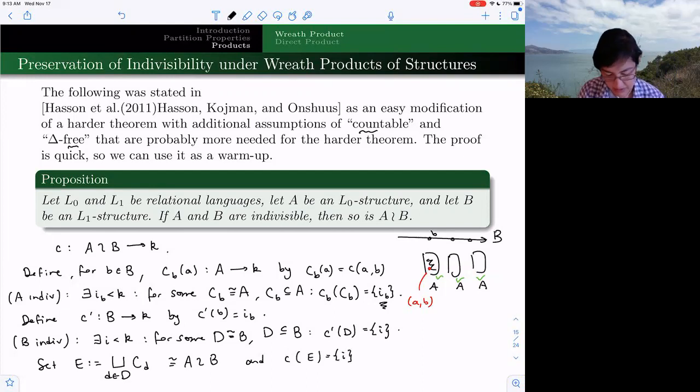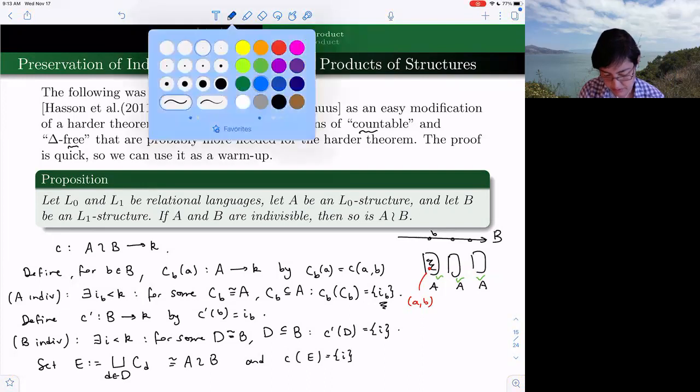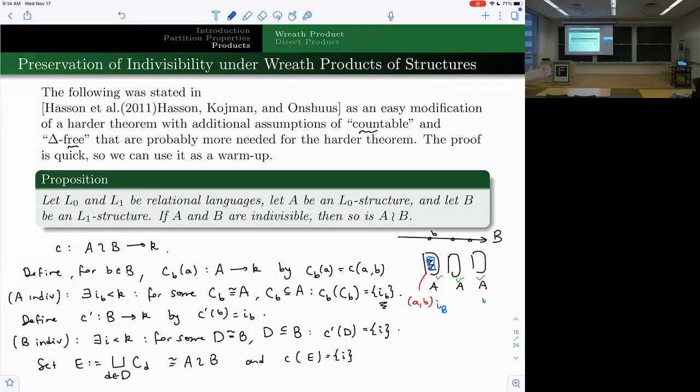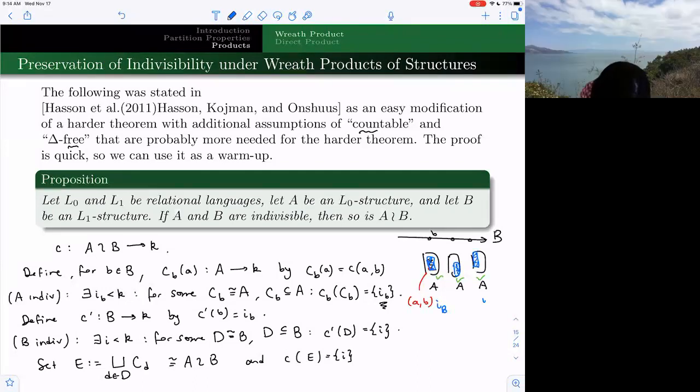So I think the visual works pretty well. So for each of these, you have some color I of b, a copy of A inside. I don't know, maybe I should say I of b1, I of b2, I of b3.